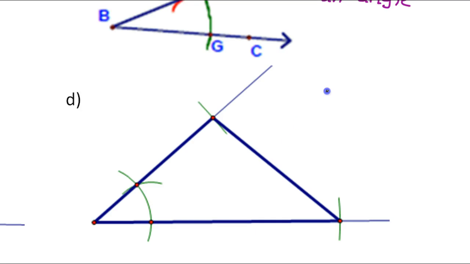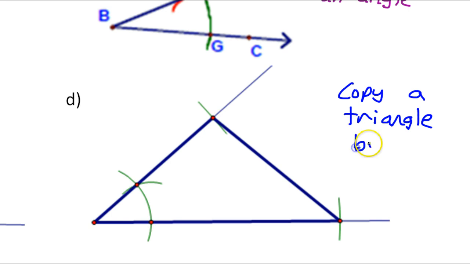Now look at D. Again, of course, we're copying a triangle. So copy a triangle by what? Are any angles being copied this time? Look around. Do you see any angles being copied? Sure you do. I'll just mark it with a highlighter. This angle right here is being copied.